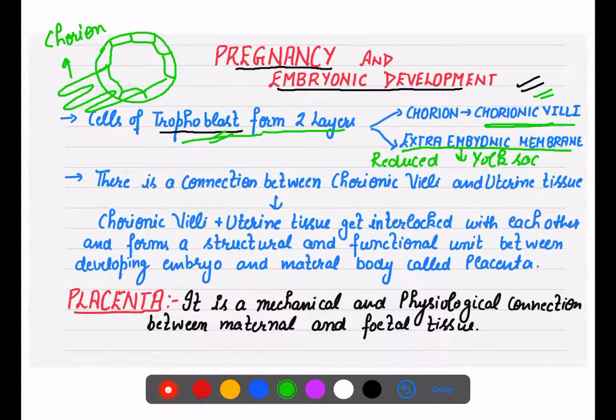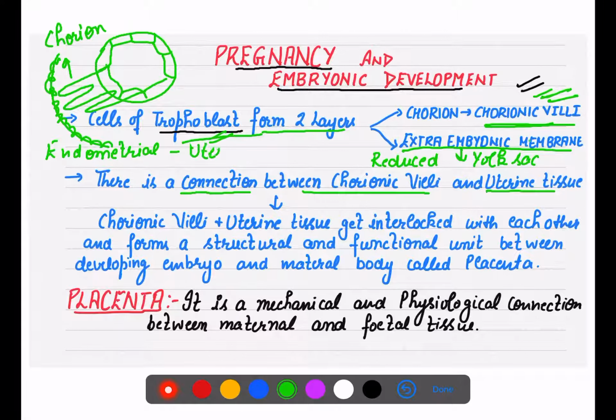Now today we are going to talk about chorionic villi. There is a connection between chorionic villi and uterine tissue. As you know, this structure is attached to this endometrial lining. This endometrial lining is the lining of what structure?